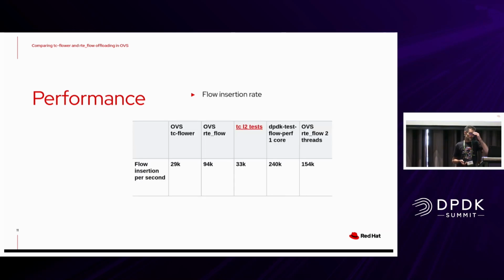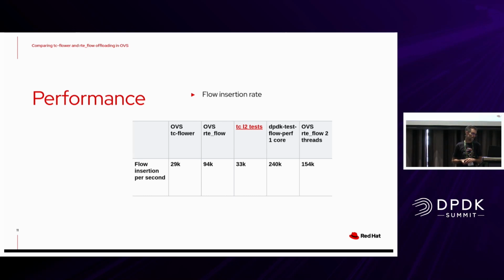But one aspect that is important when you are offloading to your hardware is the rate at which you can update the rules that you push to the hardware. So I did some measurements with perf mainly, making sure that those flows are getting pushed to the hardware. With TC-Flower, I managed to achieve around 30K flow updates per second.